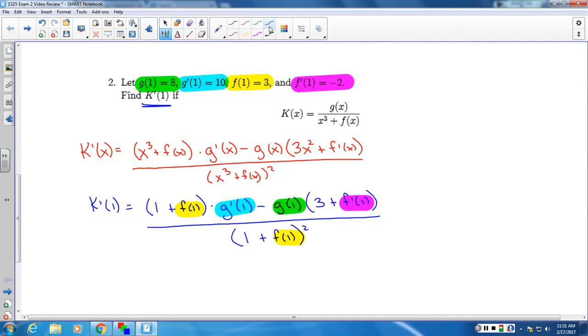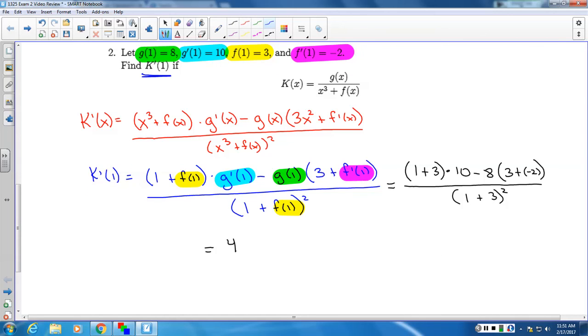So I'm going to replace everything with what it equals. So I have 1 plus 3 times 10 minus 8 times 3 plus negative 2 over 1 plus 3 squared.